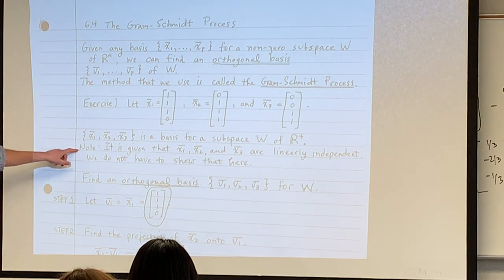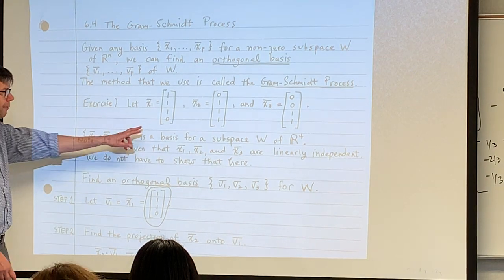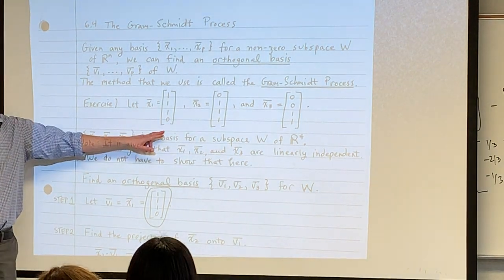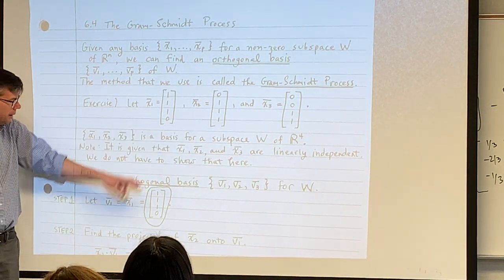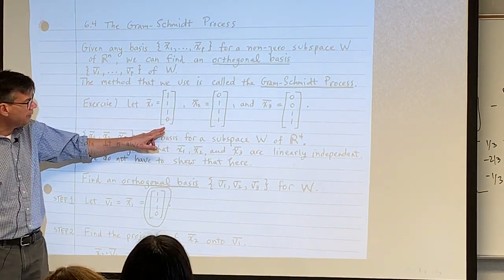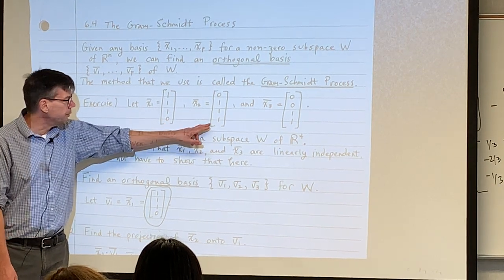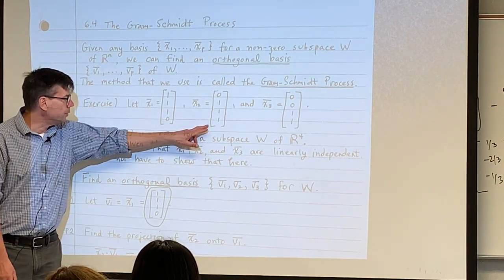And note, it's given that they are linearly independent. We don't have to show that here. And it's not too hard to show; for our final exam, you would know how to show that these three are linearly independent. And maybe it's worth noting, too, I don't think they're orthogonal. If I take the dot product of x1 and x2, I get 2, right?